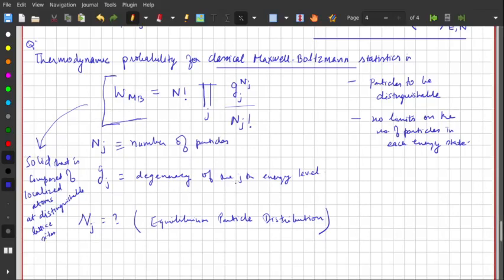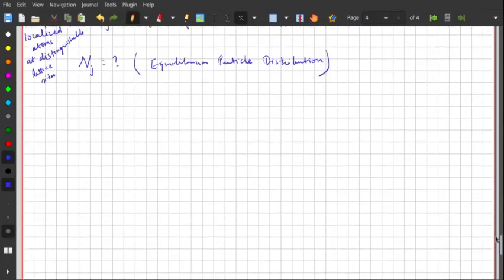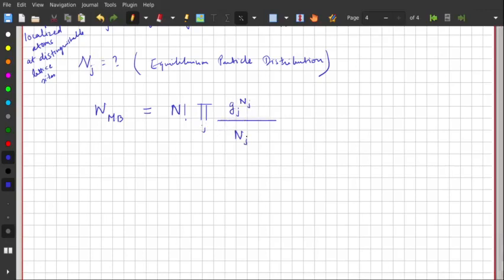Okay, so let's try to find out this equilibrium particle distribution for the classical Boltzmann statistics. Given that the thermodynamic probability for the Maxwell-Boltzmann statistics, the classical version of it, is n factorial, the product over j of gj power nj divided by nj factorial.